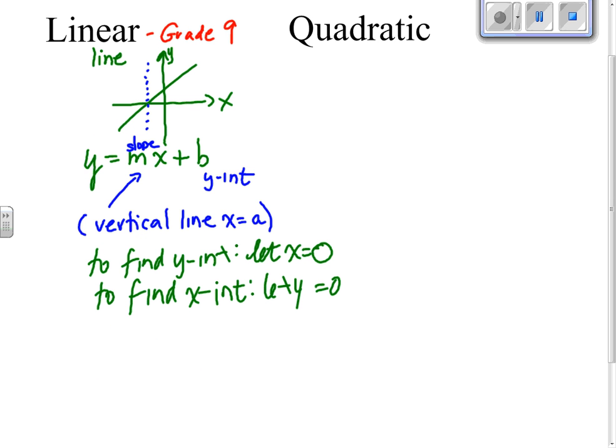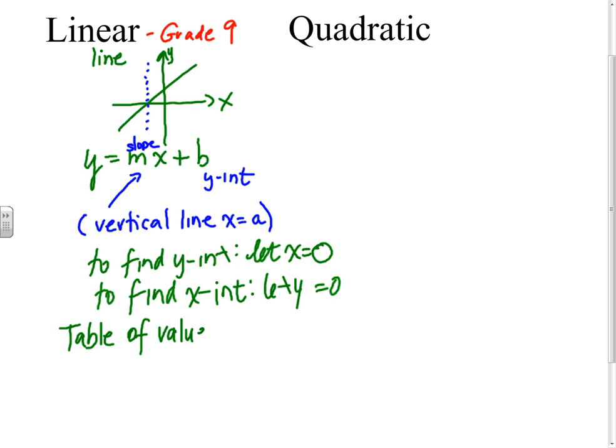We know if we had a table of values for a line, the first differences would all be the same.